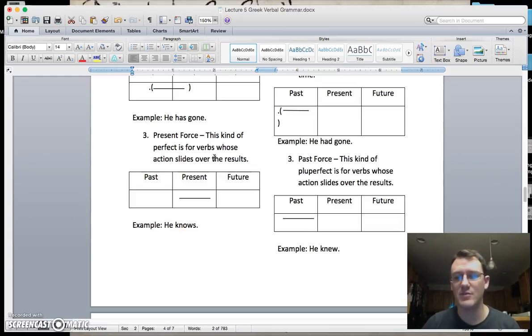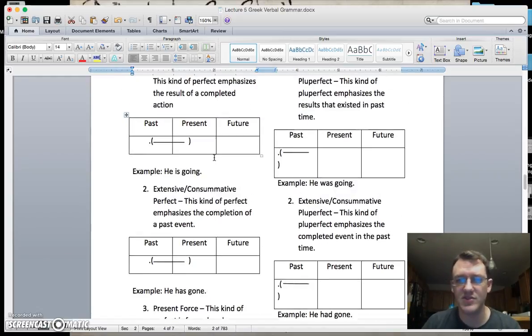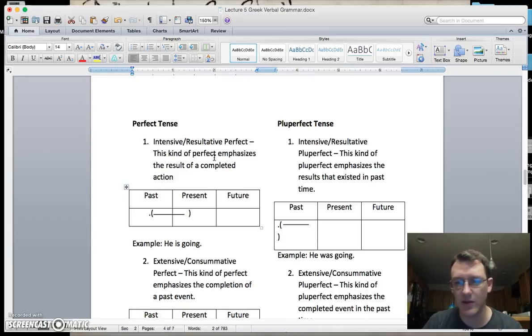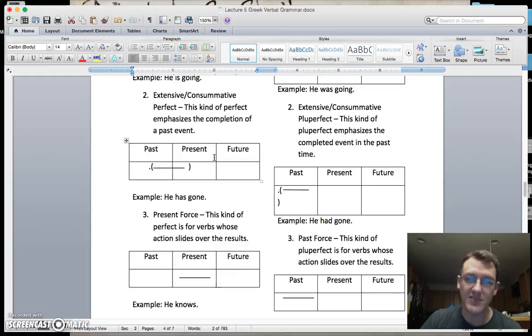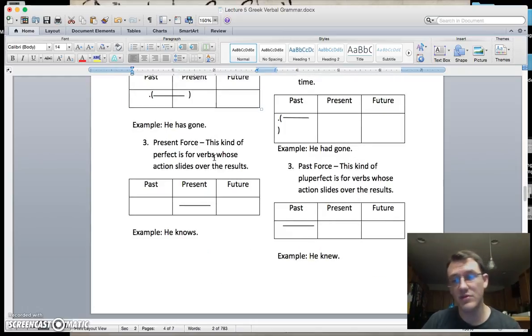Okay, that's the basic idea of the present force perfect. It's pretty rare, so that's why it's number 3 on the list. Focus on the first two, and then you'll see that the pluperfect has the same exact thing, only in the past. Instead of he is going, he was going. Instead of he has gone, he had gone. Instead of he knows, he knew.